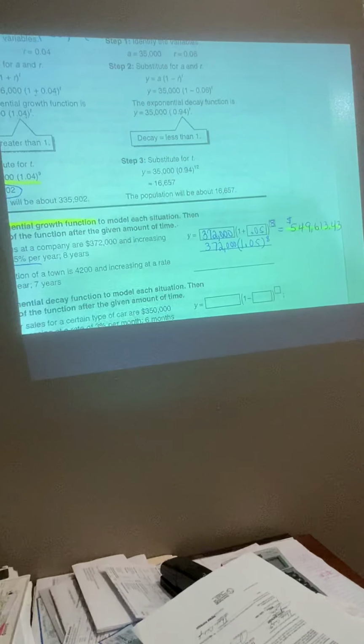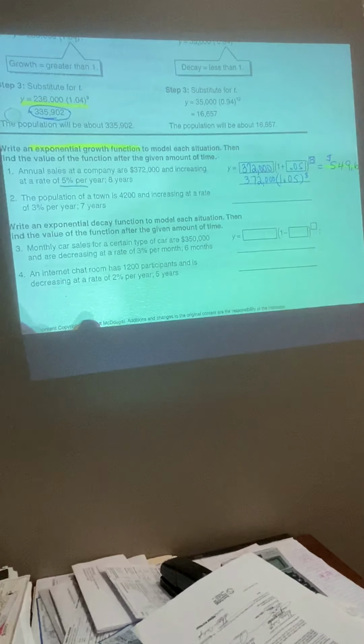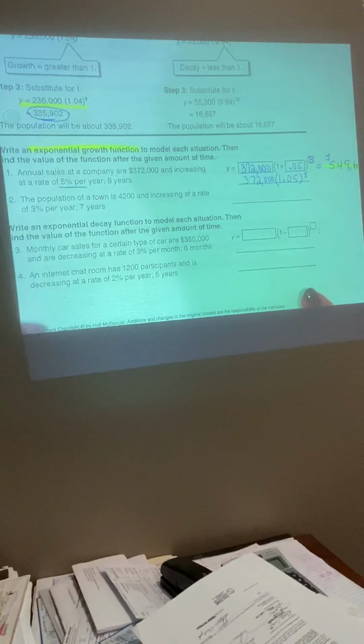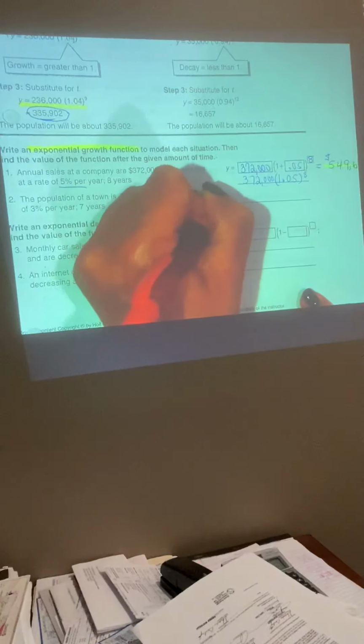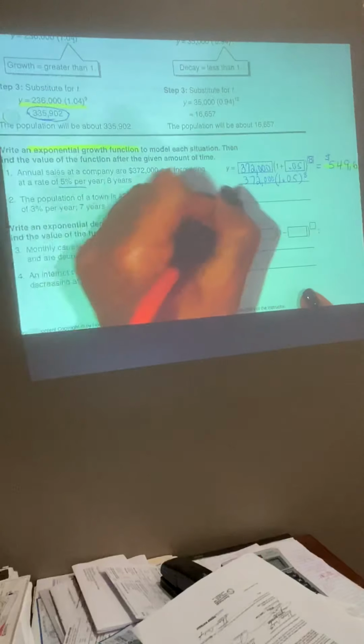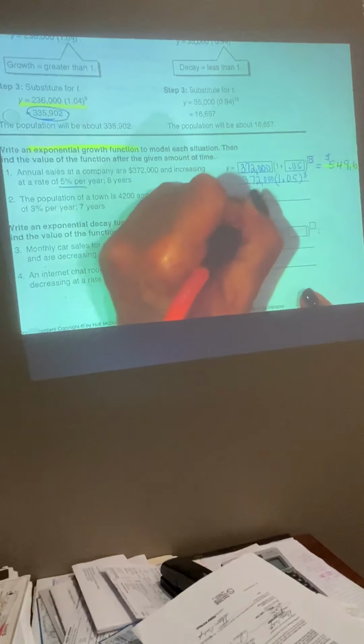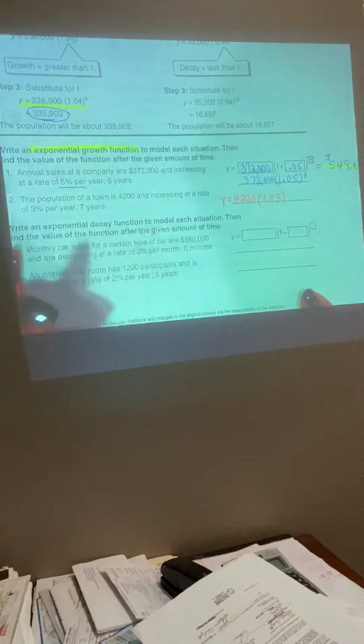Okay, number 2. The population of a town is increasing at a rate of 3% per year for 7 years. So y equals 4,200 times 1.03 to the 7.